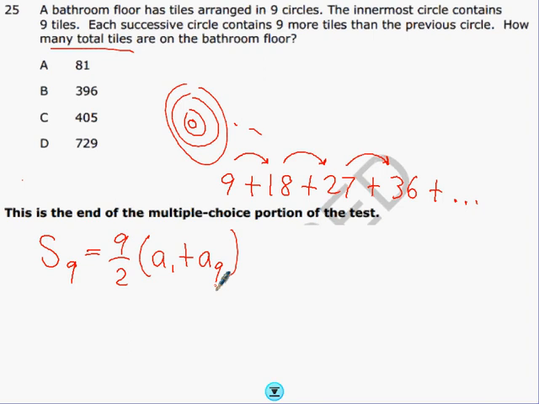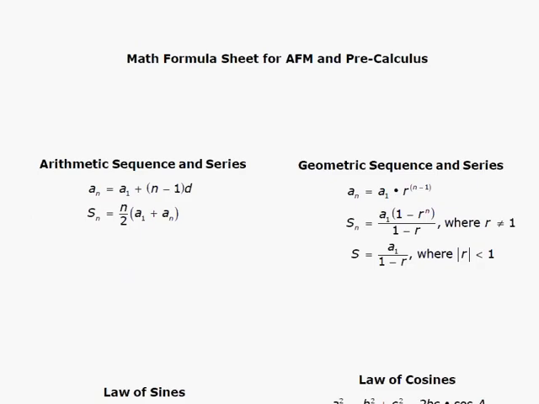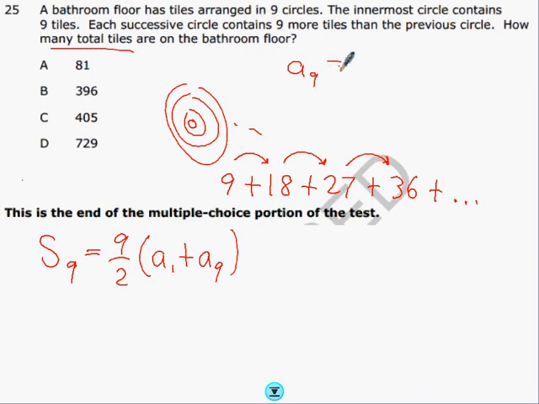Before I can plug this in, I need to figure out what the 9th term is. I'm going to use the formula, which they provide for me. It's an arithmetic sequence. A sub n is that right there. Just plug this in. A sub 9 is the first number, a sub 1, which is 9, plus n minus 1, that's 9 minus 1, times d, the common difference, which is also 9.